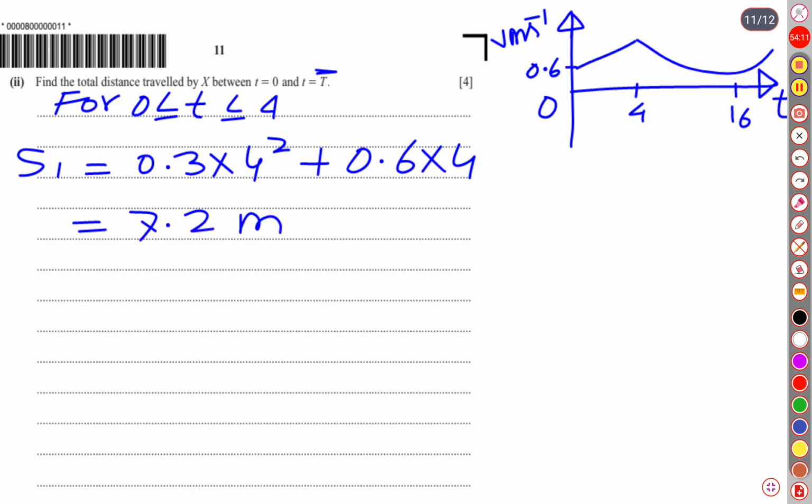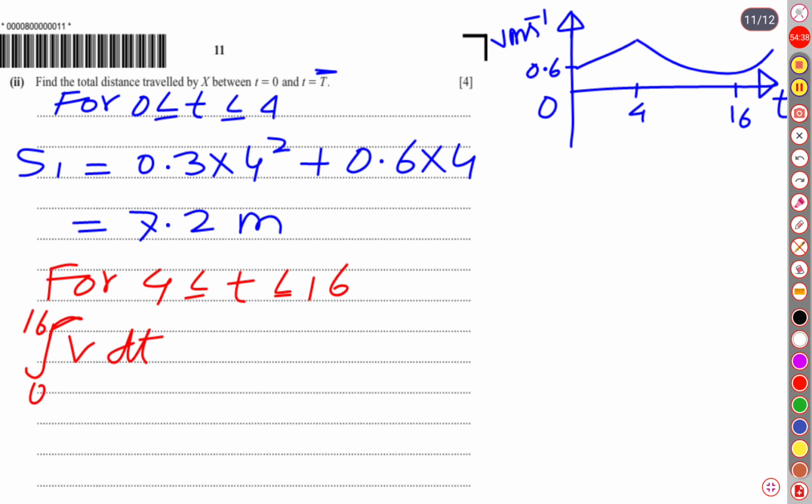7.2 meters. Now for the second phase, for 4 until 16 seconds, we know the velocity, so we will integrate the velocity, v dt, until 16 seconds.